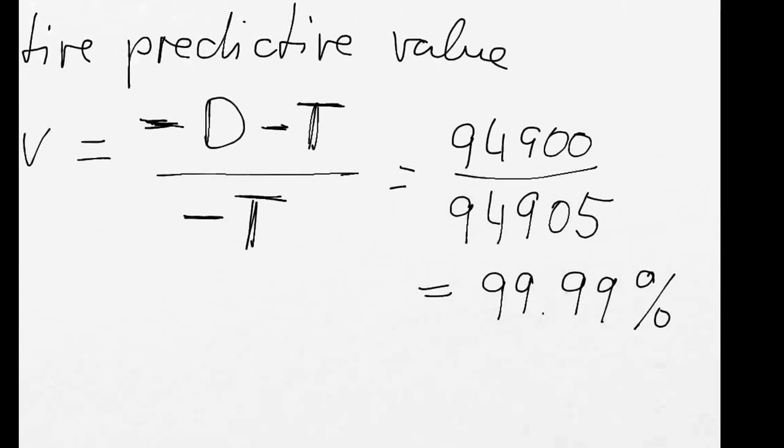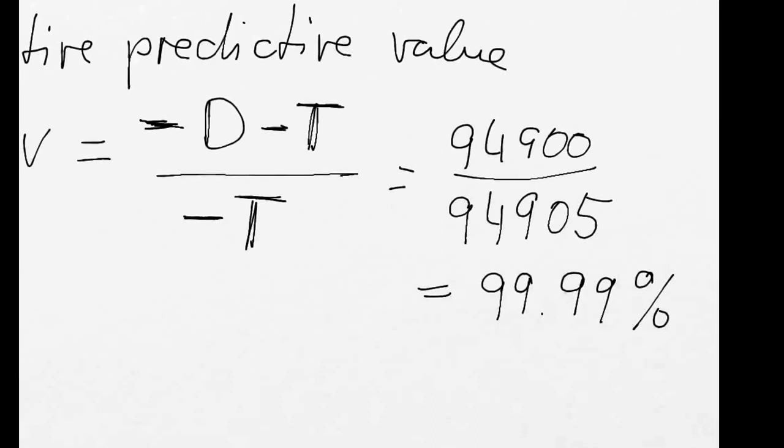So what does this tell us? It tells us that if the test comes back negative, you can be 99.99% sure that you don't have the disease.